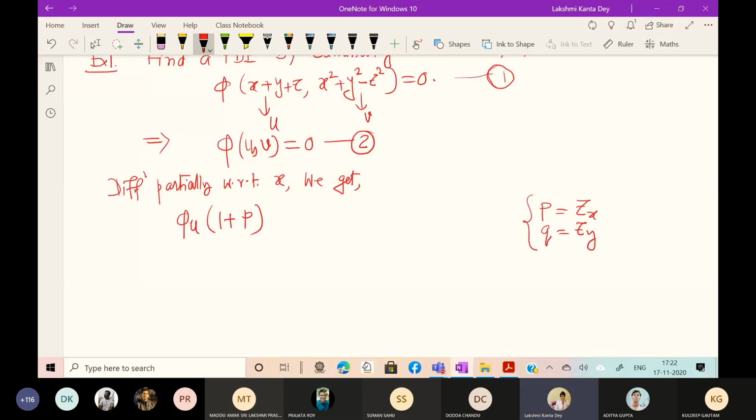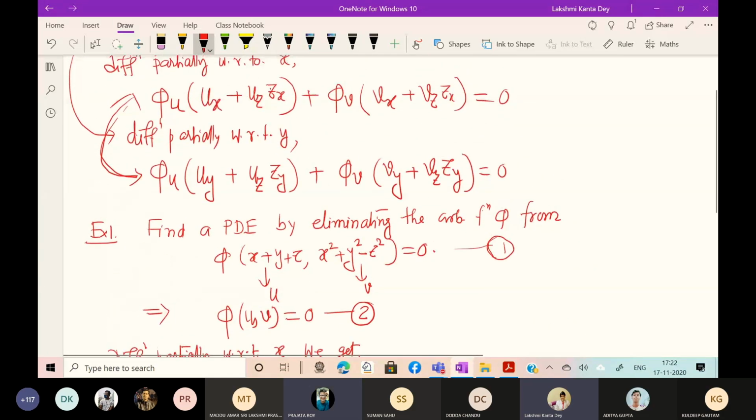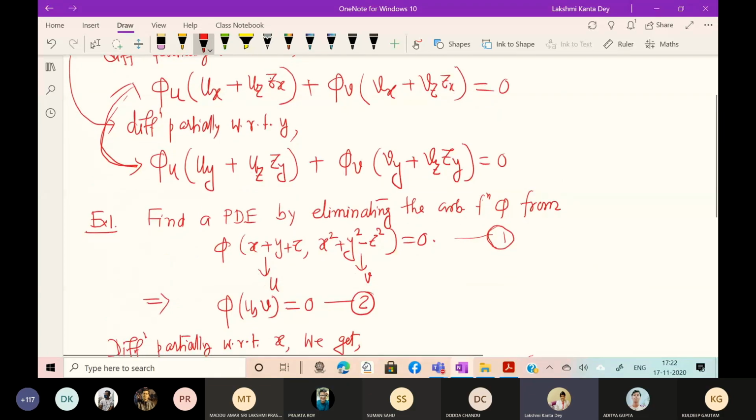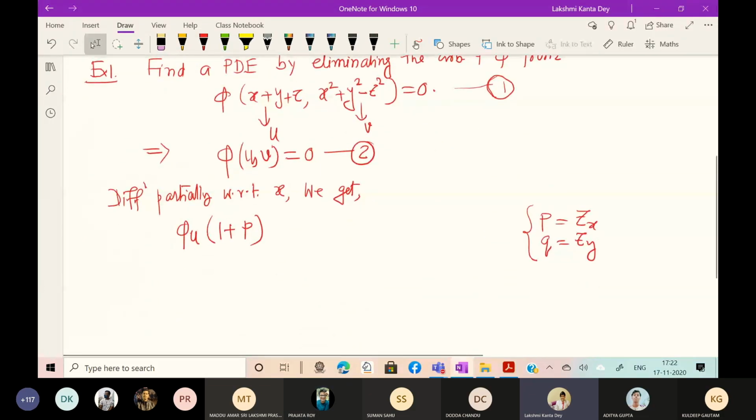So phi u (ux plus uz zx). What is ux? Ux is 1. What is uz? That is also 1. And zx means p. So phi u into (1 plus p) plus phi v into what is vx?